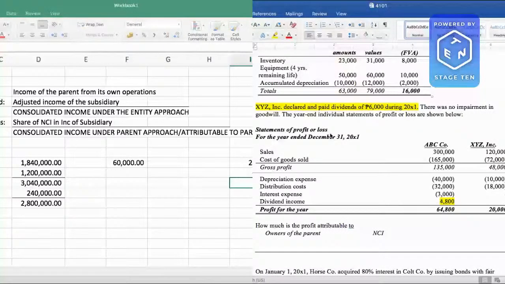The beginning inventory used there is 23,000, while the amount that should be included there, as far as the parent is concerned, class, should be 31,000.